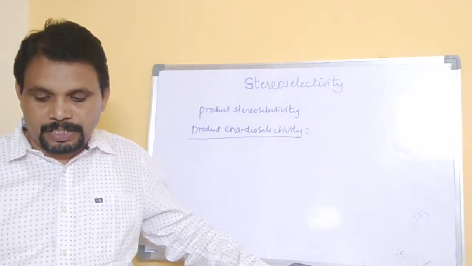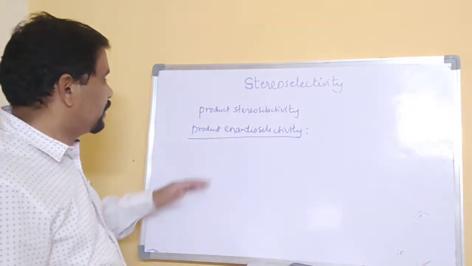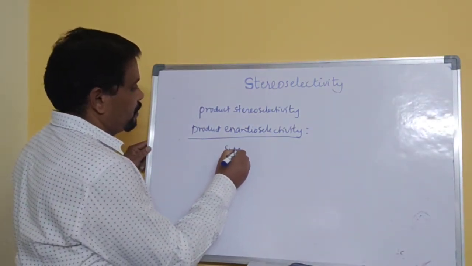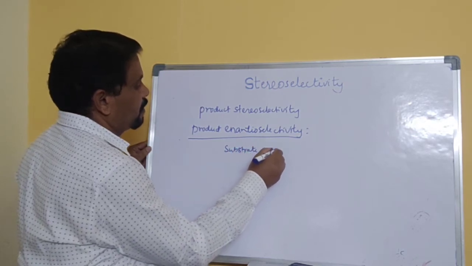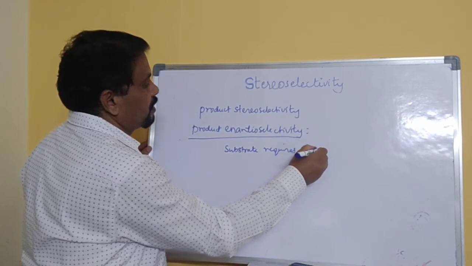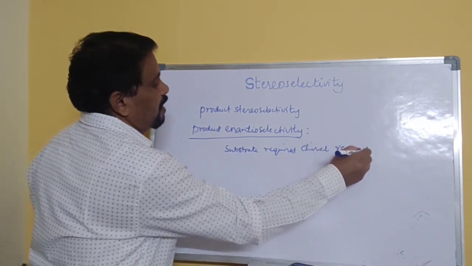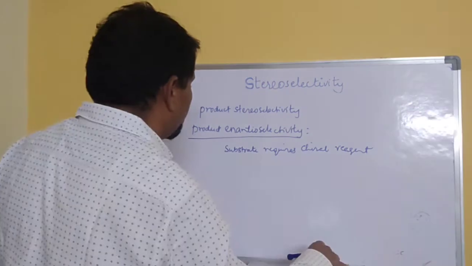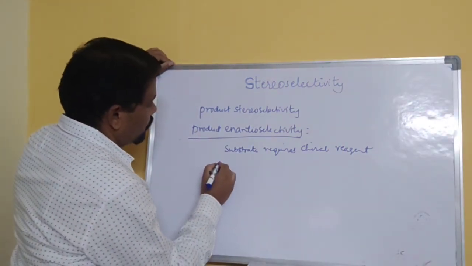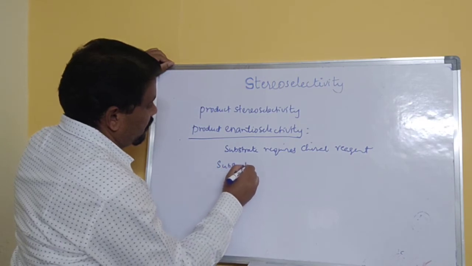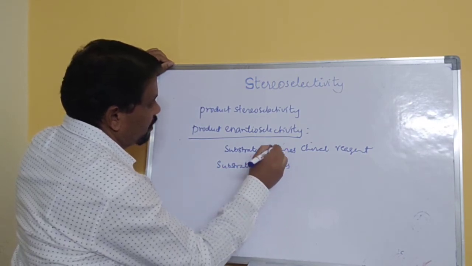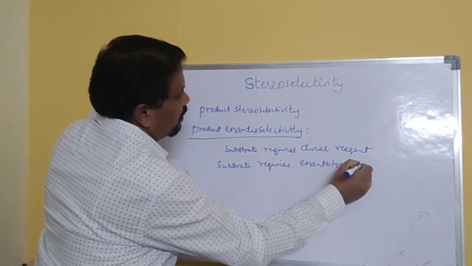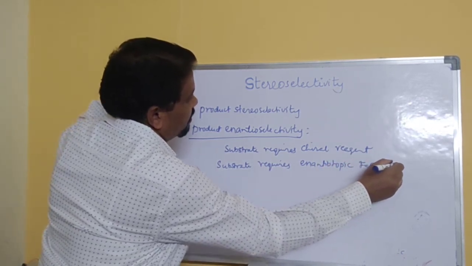So in this product enantiomer selectivity, the substrate requires a chiral reagent, and also the substrate requires enantiotopic faces or ligands.